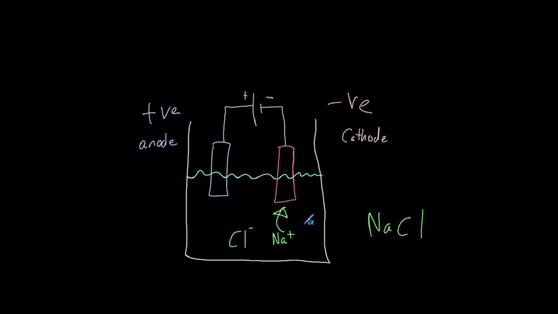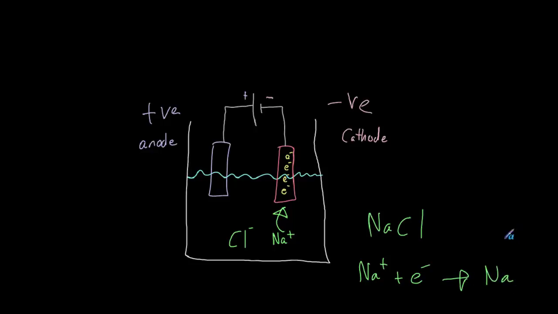Now the reason this negative electrode or the cathode is negative is because it will have a surplus of electrons. The sodium ions will take one of these electrons, and because they are positively charged, if they obtain an electron, they will become sodium atoms. And so a sodium ion plus a negative electron will give you a sodium atom.